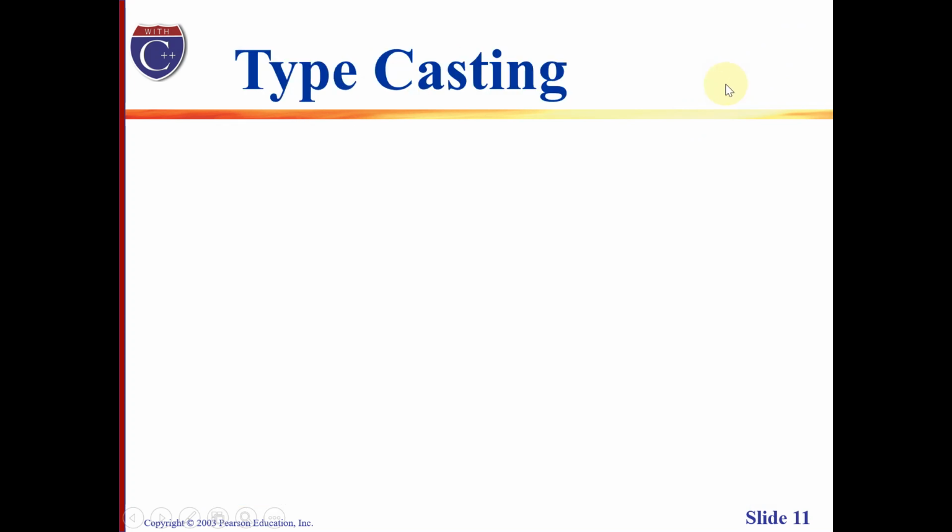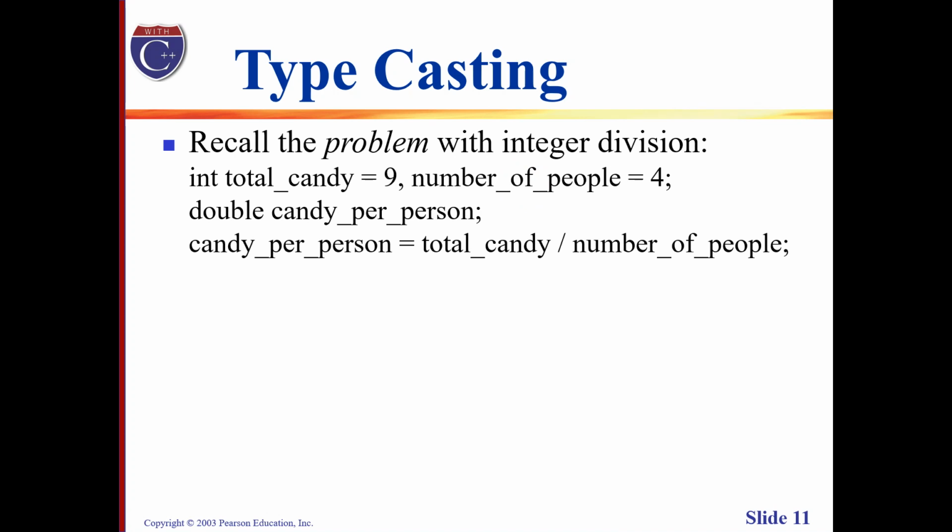In C++, we also have the concept of typecasting. If we will recall, we encountered the following problem in our previous lesson. For instance, let's recall the problem with integer division. We have the following expression.